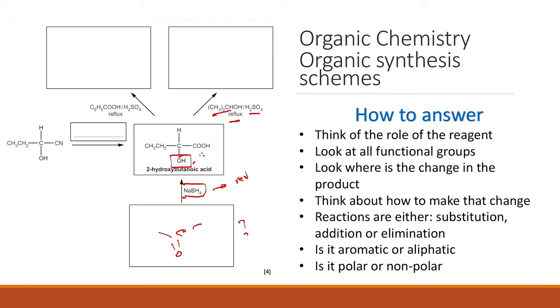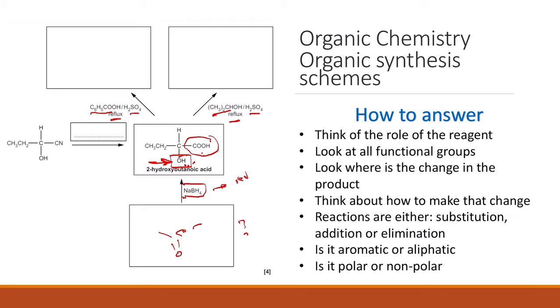So that will make an ester with this carboxylic acid. The sulfuric acid is just a catalyst for this reaction. So now you're going to have the ester but with this alcoholic OH.